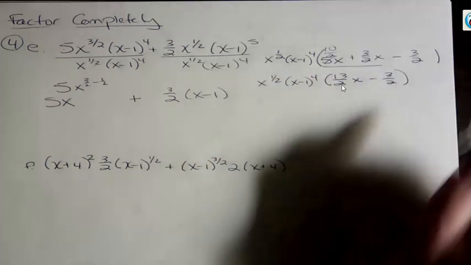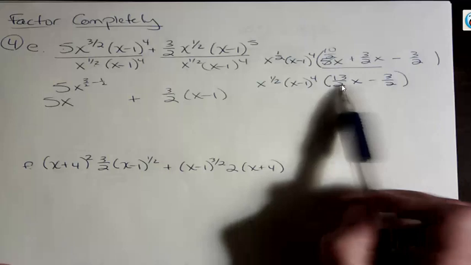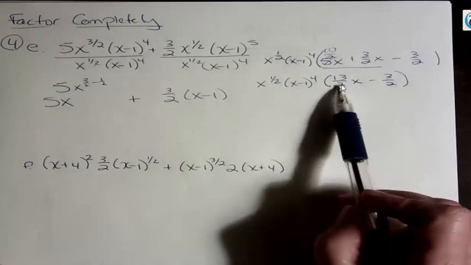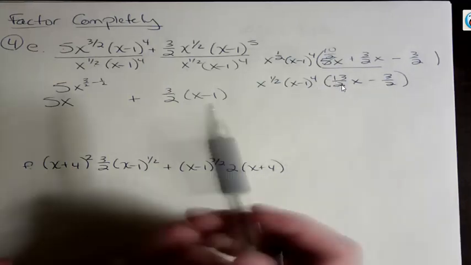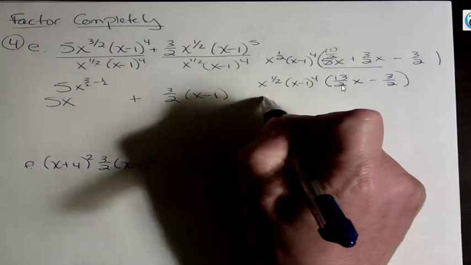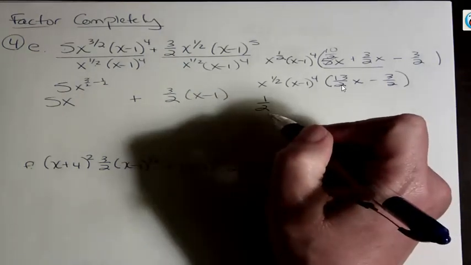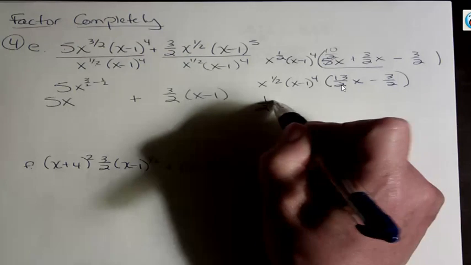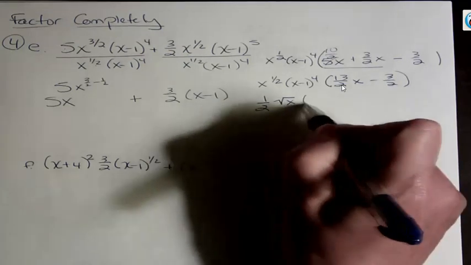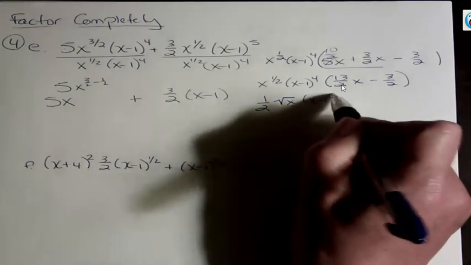And now I can actually take out a half, because there's a half in here and there's a half in there. So I'm going to factor out the half. X to the 1/2 is the same as the square root of x. I'm going to rewrite that as the square root of x. Then I have x minus 1 to the 4th.